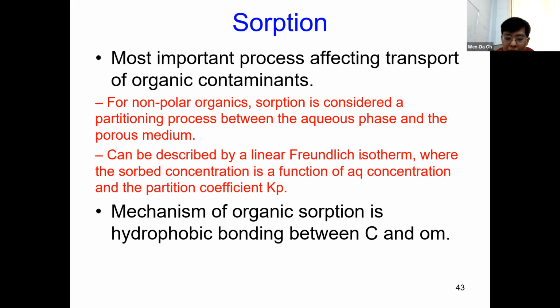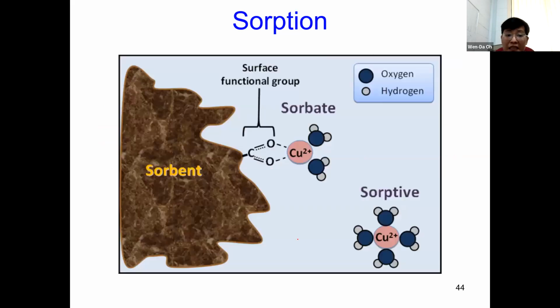So when you have a pollutant, like organic contaminants, sometimes heavy metals, this kind of pollutant can be attached to an adsorbent. Okay, so this is just an example of a process. You have a sorbent here, right? This one can be clay, can be activated carbon, can be anything that has a surface, right?